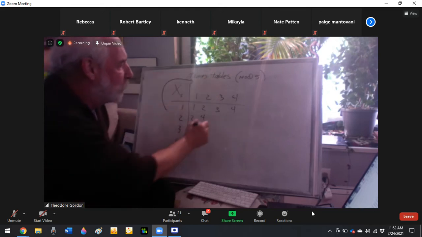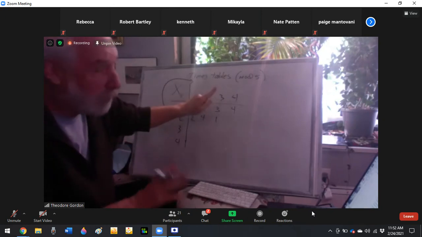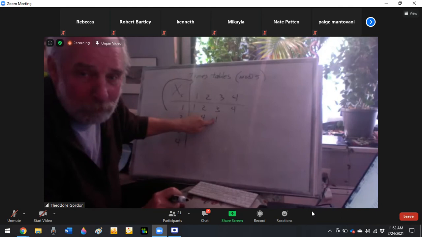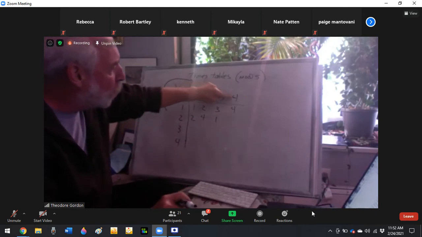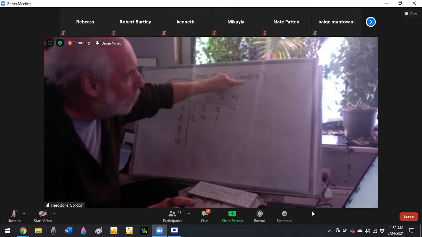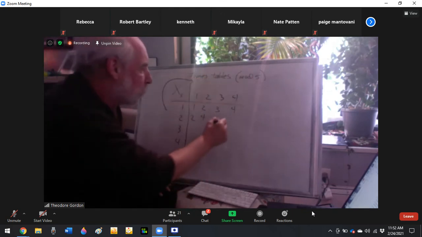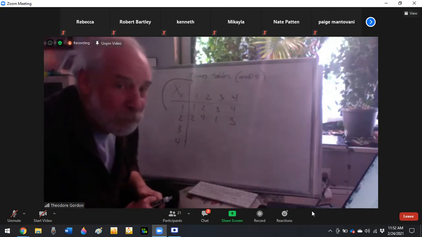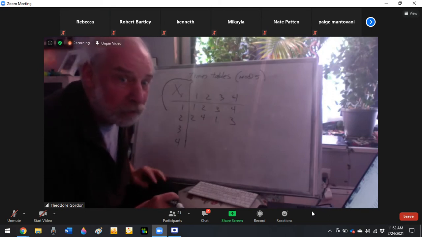Yeah, but we don't have a 6. It's 1. 2 times 3 is 6, but when we divide by 5, we get 1. Remember, this is the mod 5 table. So 2 times 4 is 8, but divide by 5, and what do you get left over? 3. So what did you learn in college today? 2 times 4 is 3. Oh, that's what you get for going to a community college, huh?